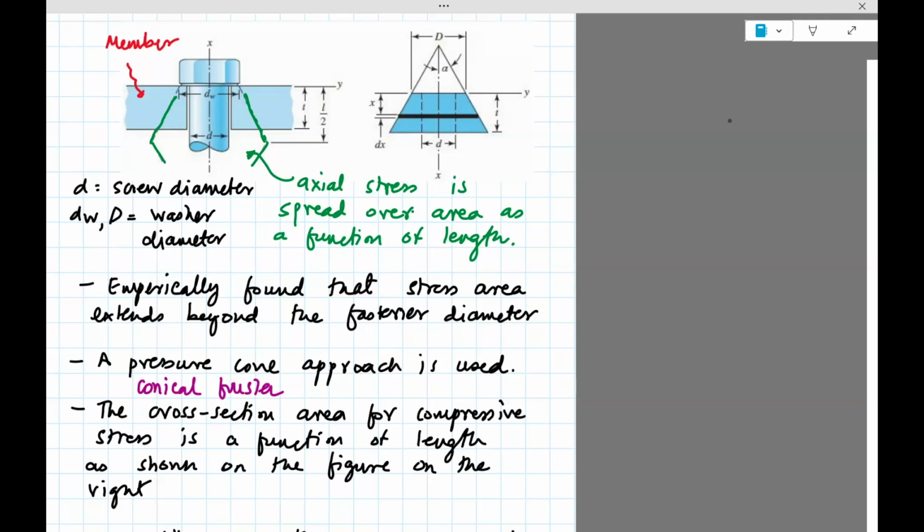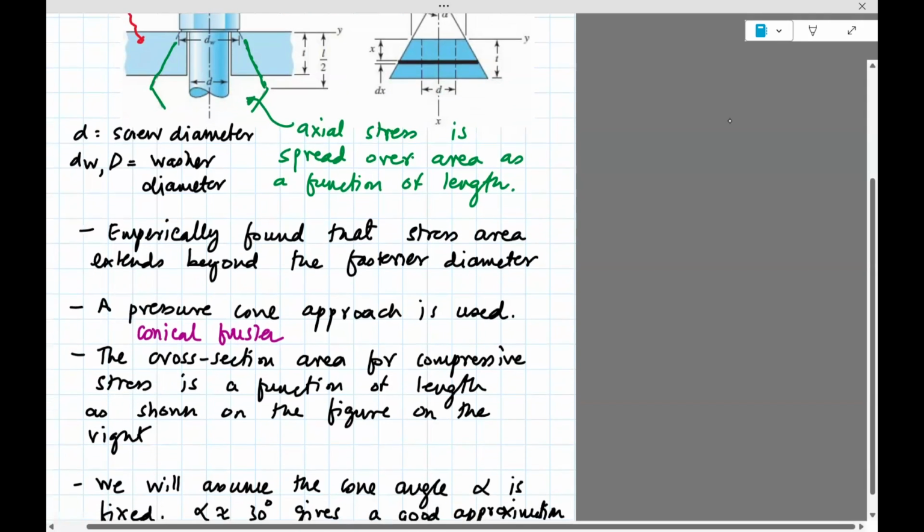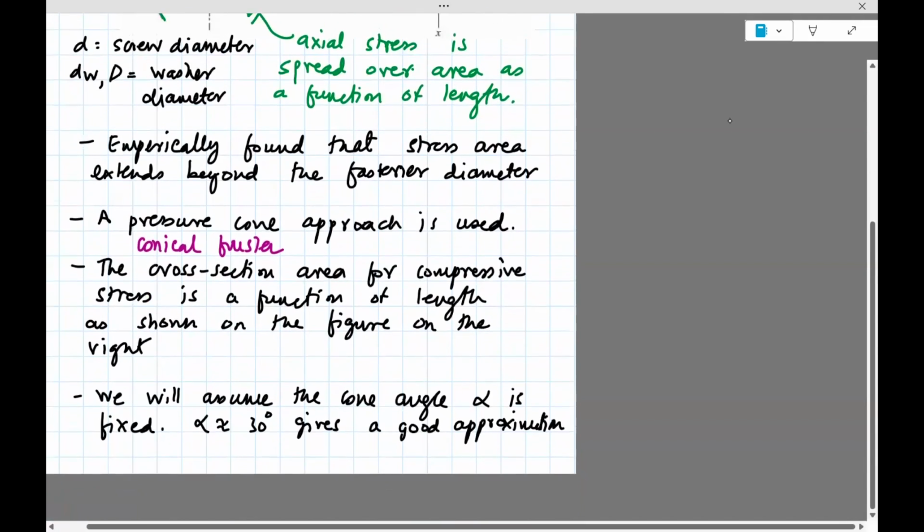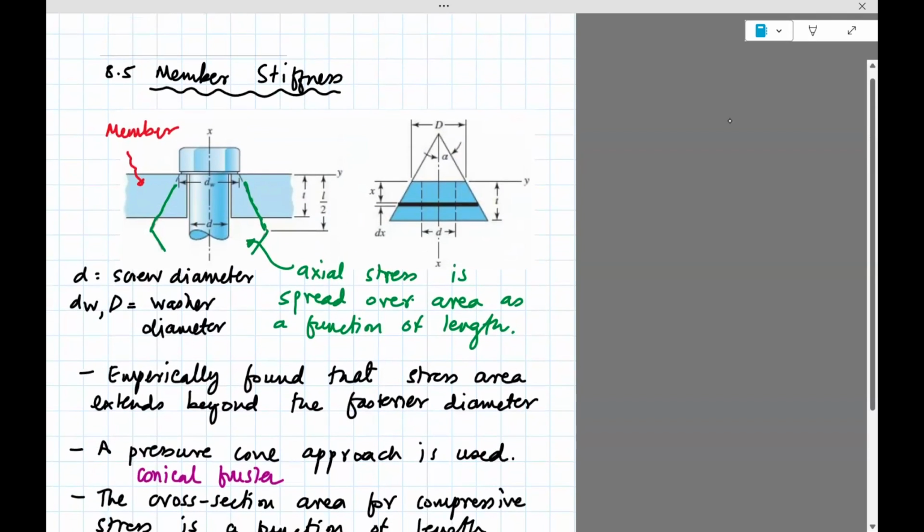It's basically what this whole thing is. Okay, I've written down a few things, but the key idea here is over here. So for a second, don't read everything, as there's a lot of details which you can read later. What they found is that when you compress members by using a screw in the way shown, then the stress can be approximated to follow a so-called conical frusta.